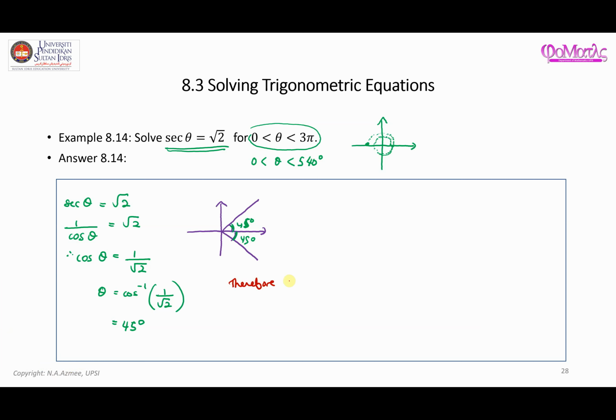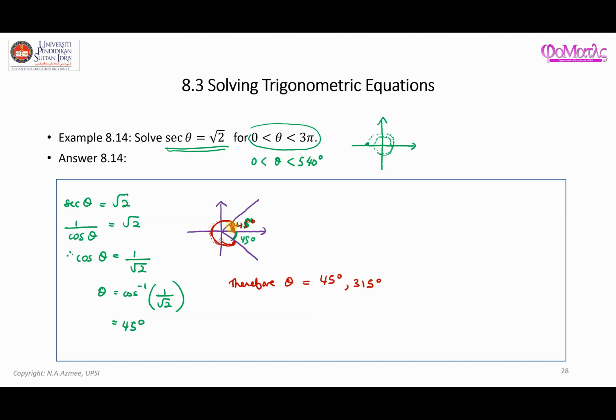Theta is equal to, the first one is going to be 45 degrees, so on this quadrant, and then it is going around completing 360 degrees, and it will stop here. So this is on the fourth quadrant, so that is 360 minus 45, which is 315 degrees. So that is our theta.